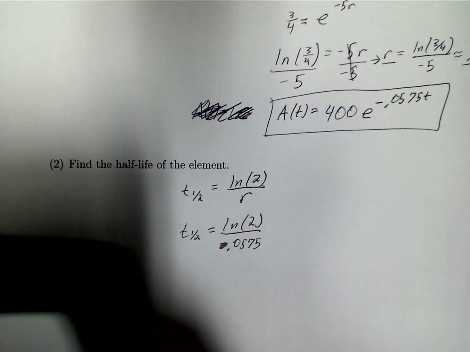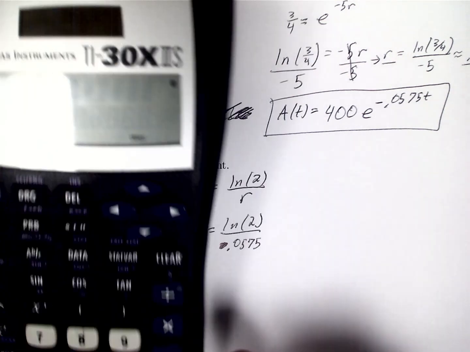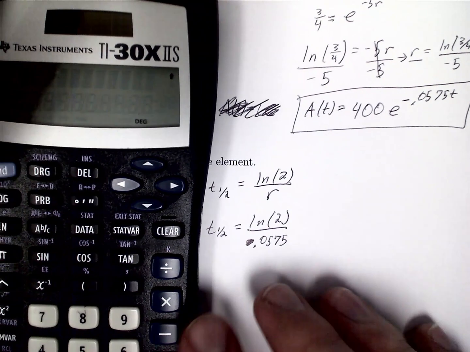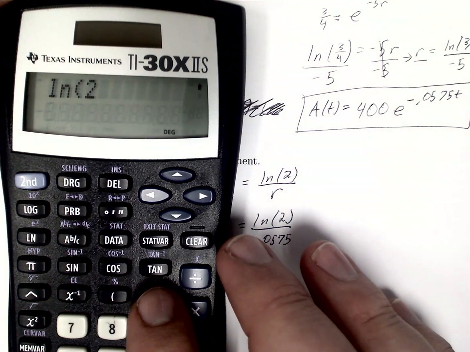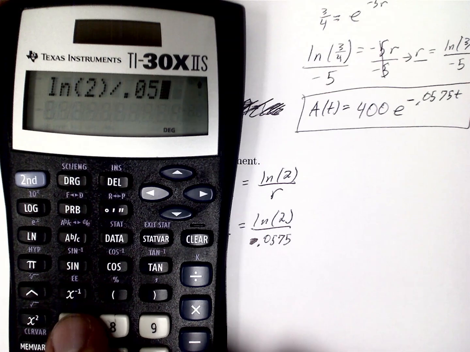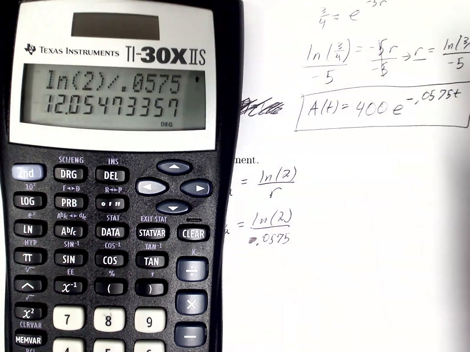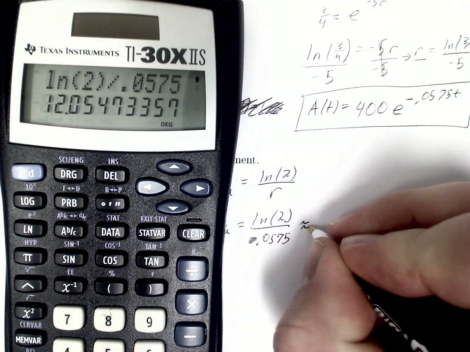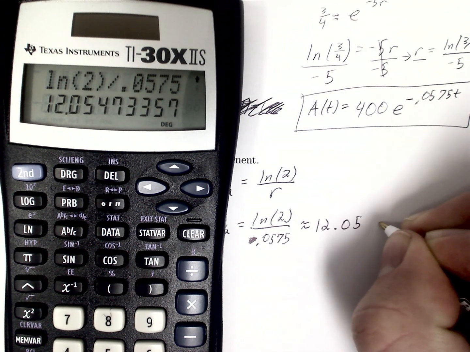So we're going to do ln of 2, and then we're going to divide by 0.0575. And just do this all in one fell swoop, hit enter, and the half-life is about 12.05 days.